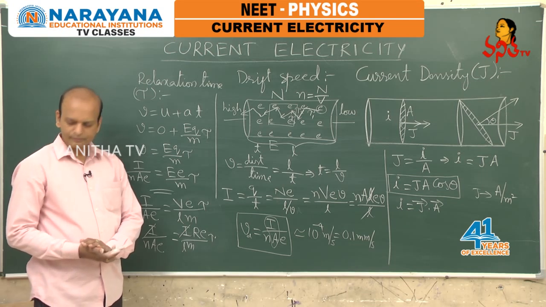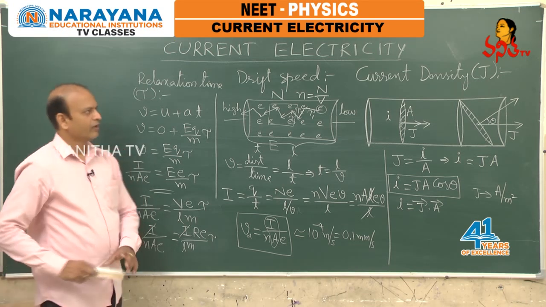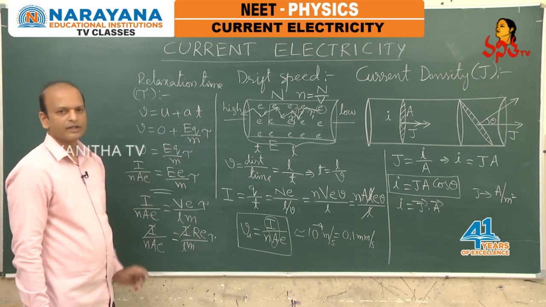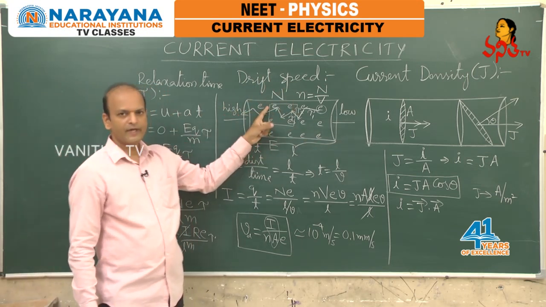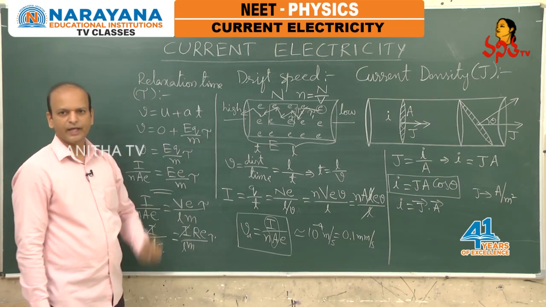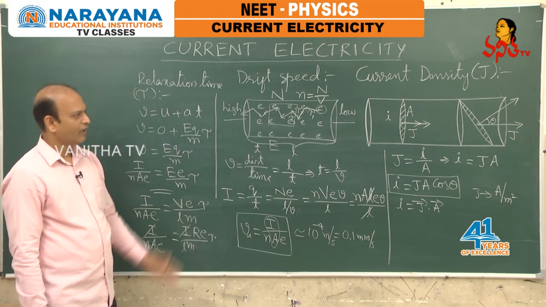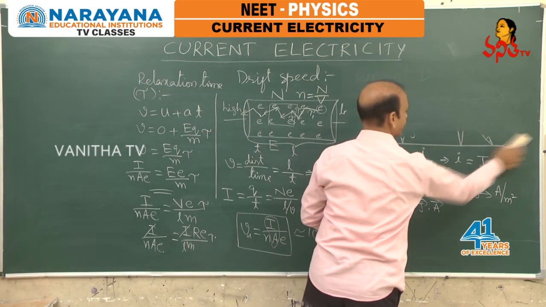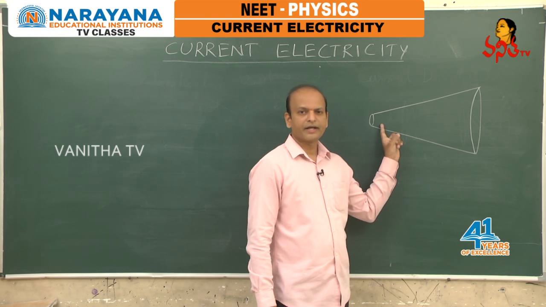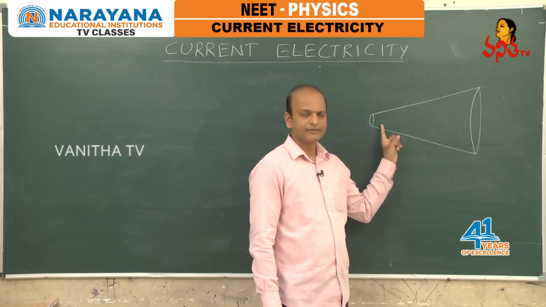Okay. Now, here we have seen these 3 important terms: current density, drift speed and relaxation time. Okay. Now, let us observe some situations in this, some cases. Now, let us see a conductor of variable cross section.